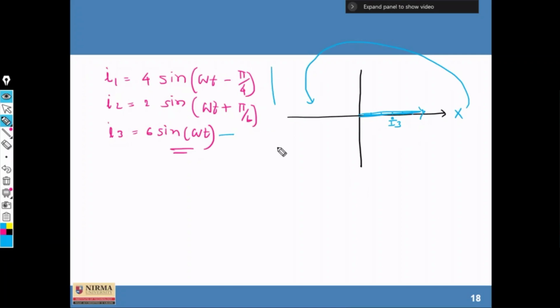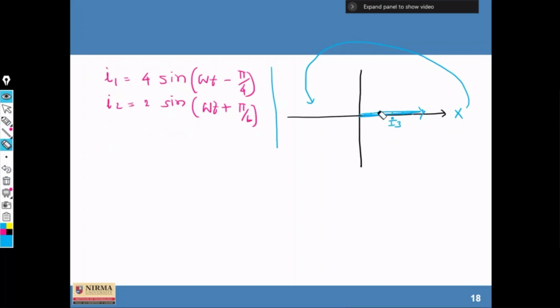So if you want to solve this example, either you find it in anti-clockwise or clockwise, but always we will consider anti-clockwise for all these different vector representations. Okay, so right now you will not consider this one.